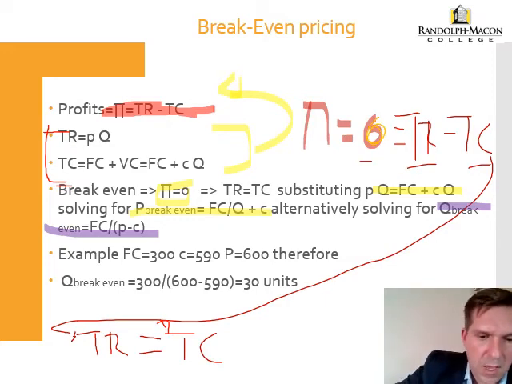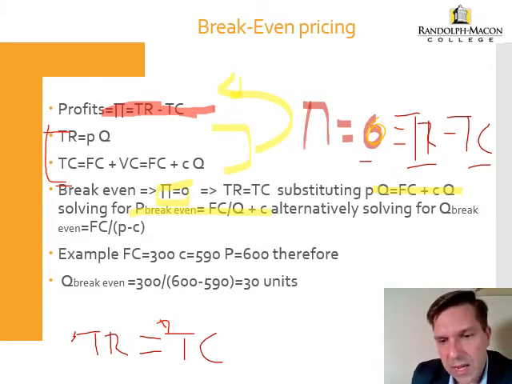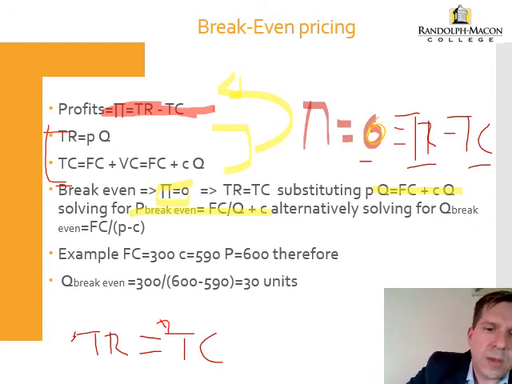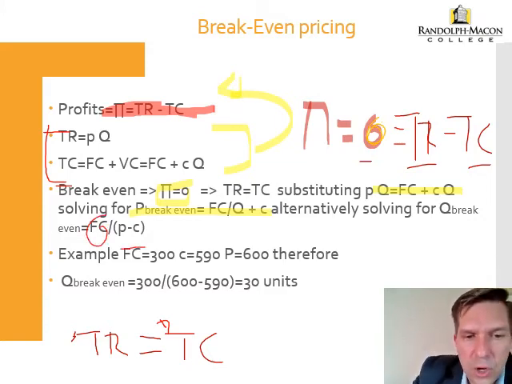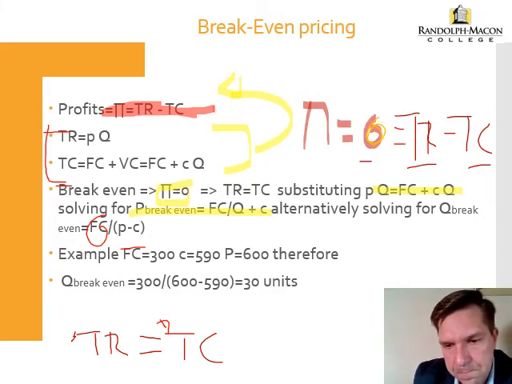Notice that it's interesting. If you want to think about the implications of this and see if it actually makes sense, the quantity at which you break even is going to be your fixed cost divided by your contribution margin.